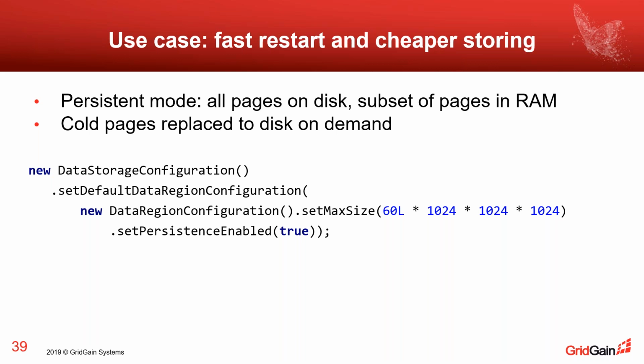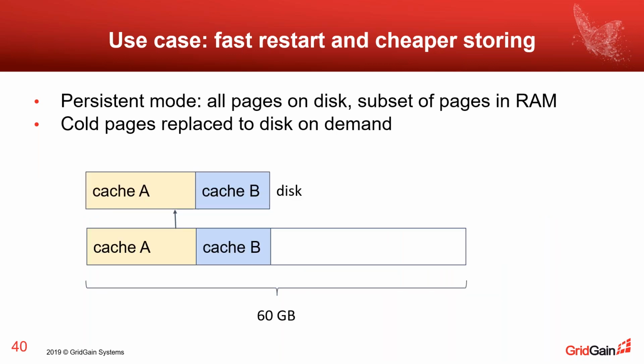In such case, let's see what will happen. For example, two caches, A and B, they both operate in a persistent data region. And so when you start loading your data and haven't reached the 60 gigabyte limit yet, all of your data is present in two places. It is present in RAM and present on disk.